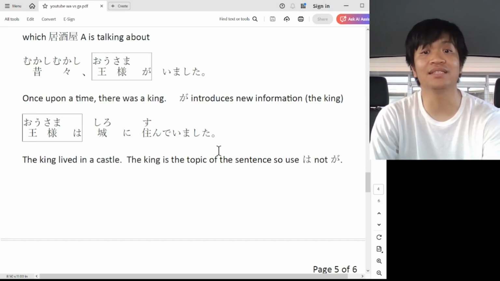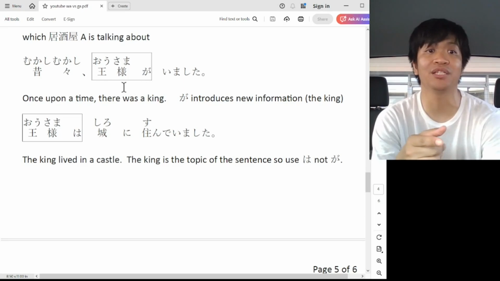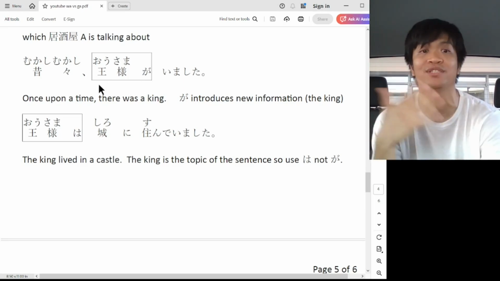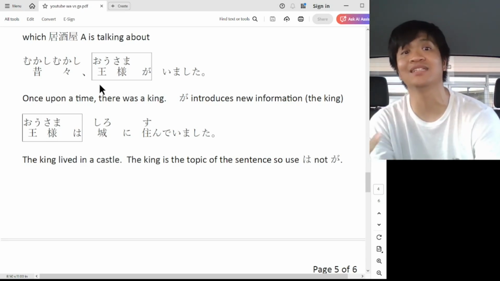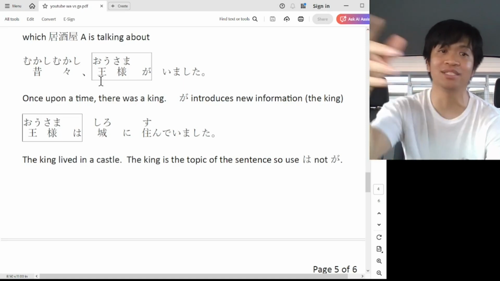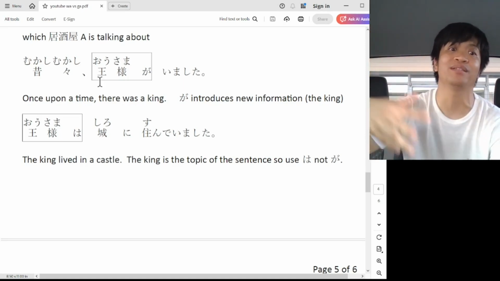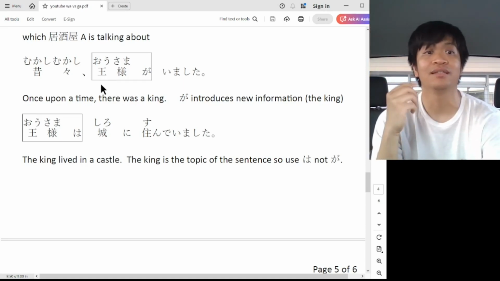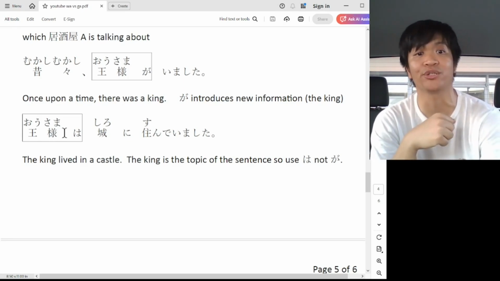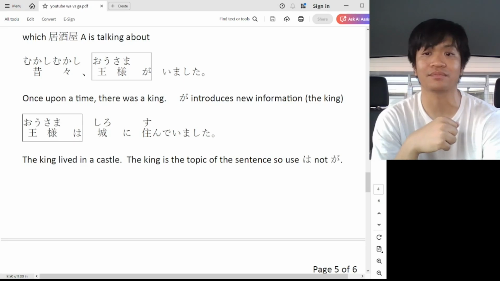Here, the king is the topic of the sentence, so we use wa, not ga. So you use ga because you're introducing the new information, the king, to the person listening. Now the person listening knows about the king, and you know about the king. So since both you and the other person know about the king, the king becomes the topic, not the subject. So since it's the topic, you use the topic marker wa here.